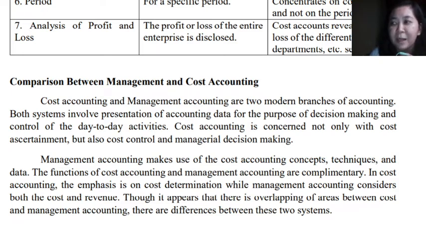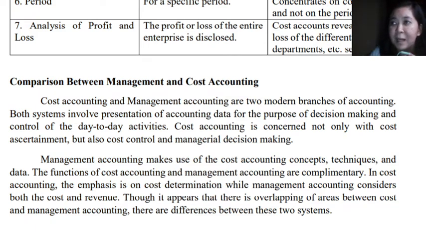Management accounting concerns the different areas or departments of a business entity, while cost accounting focuses on costs: cost control, cost ascertainment, reporting, and managerial decisions.